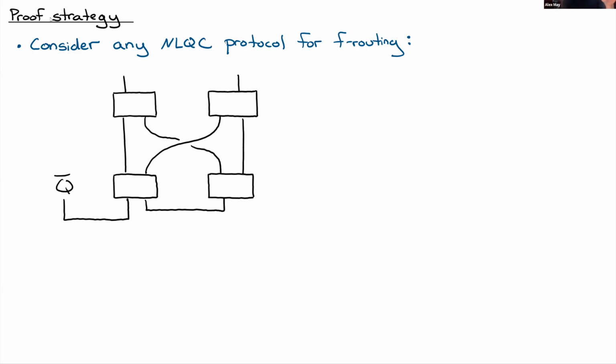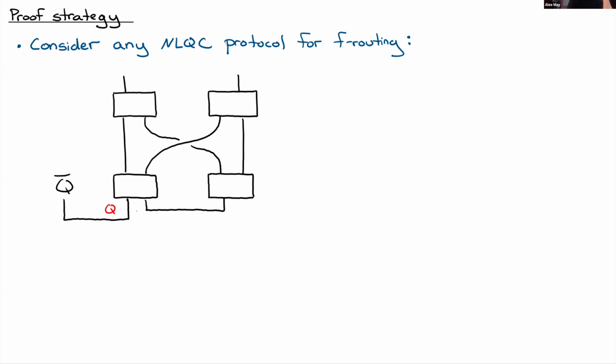Now I want to try and give you something of an overview of our proof technique. To start out, let's consider a totally general non-local quantum computation protocol, which we assume implements the F-routing task. In general, we can have this system Q be in whatever quantum state we would like, but it will suffice for us to take in particular Q to be in a maximally entangled state with some reference system Q bar.